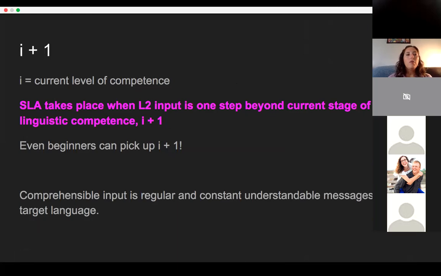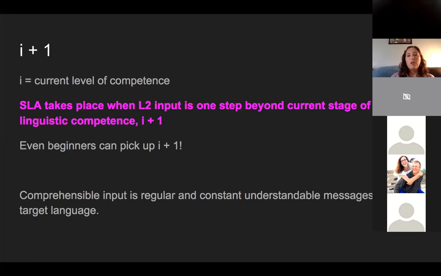Okay, you've probably heard of the I+1, where the I is the current level of competence, and Krashen says that second language acquisition takes place when your L2 is one step beyond what you're currently able to do. So for example, I is what you're currently able to do, and then I+1.